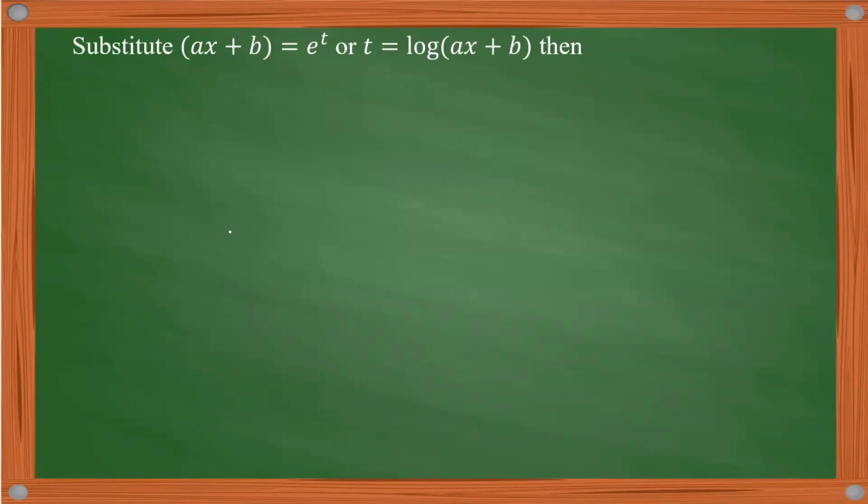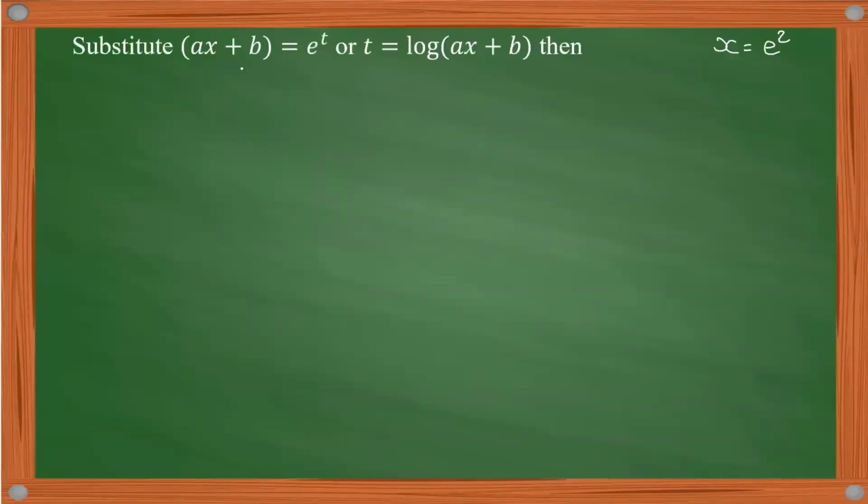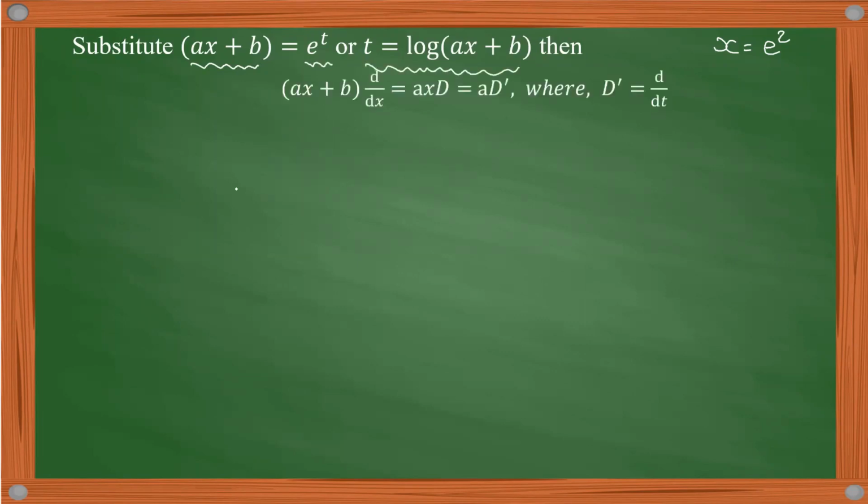In the Cauchy-Euler case, we just replace x by e to the power z or e to the power t, whatever you like. So in this case, we have a variable like ax plus b. So here we will replace this ax plus b by e to the power z or e to the power t, or we can write t is equal to log of ax plus b, and the remaining method is the same.